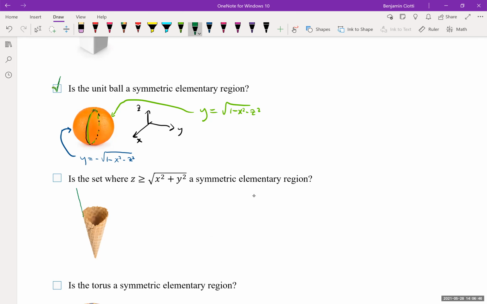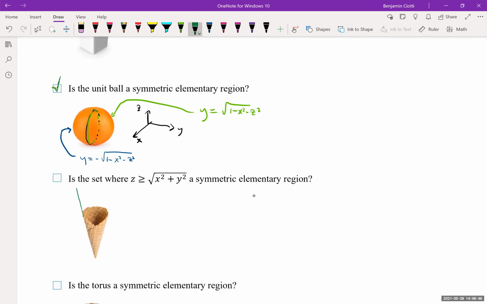So I say that the cone is not. Could someone tell me why it's not? Remember, elementary regions need to have a function on top and a function on the bottom, or a function in front and a function in the back. Ah, nice, Martha. Yeah, so it extends indefinitely.